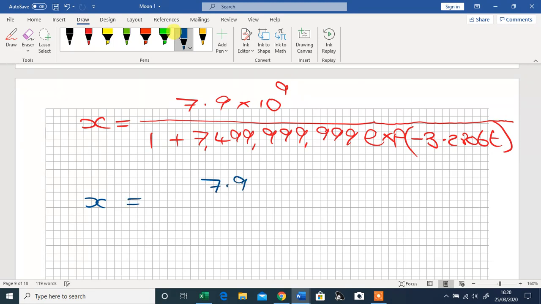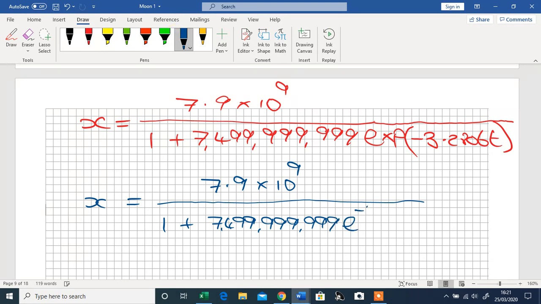So it's 7.9 times 10 to the 9, excuse me, over 1 plus 7.49999999 e to the minus 3.2806 t. And that is the general solution. We'll call that equation 4.